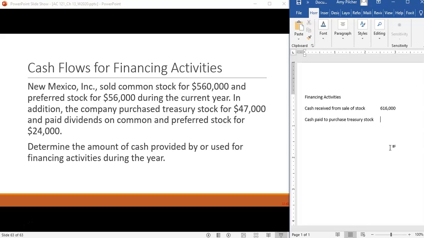We paid out $47,000 for treasury stock. And cash paid for dividends. We paid out $24,000 in cash dividends, giving us net cash from financing activities of $545,000.